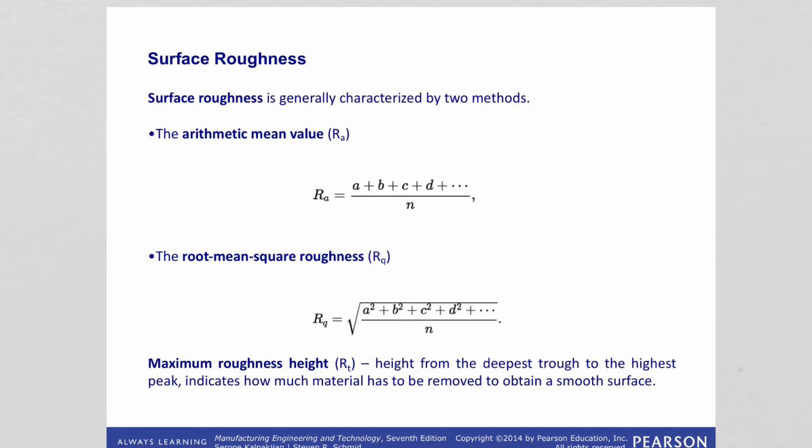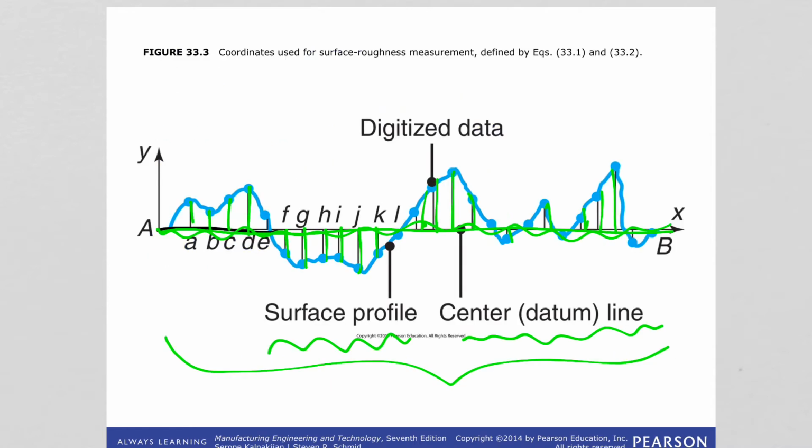in the arithmetic mean value, what we do is, based on the absolute values of the deviations, we calculate the average roughness given by this equation. So A, B, C, D, you sum them up, and how much of these you divide to n, the length. Okay, so you sum of these lengths.